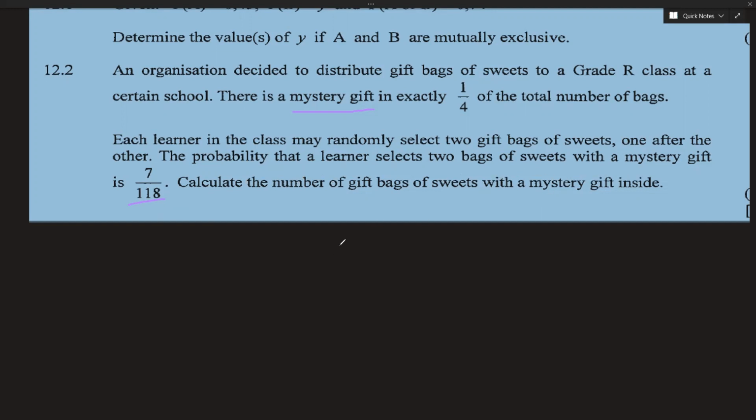Okay, so this is a tree diagram question. Each learner in the class may randomly select 2 gift bags of sweets, one after the other. So there's a gift bag, and then there's a bag that has a mystery gift.